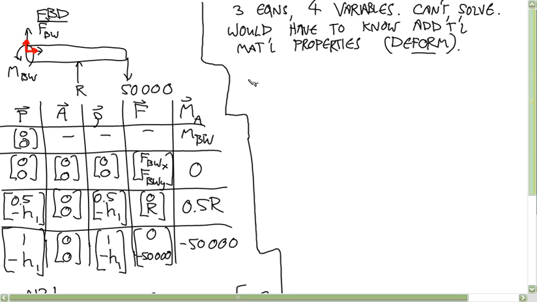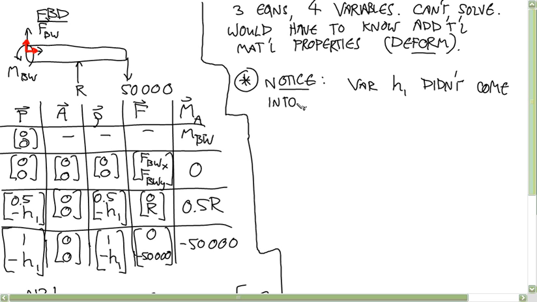All right, and now here is the thing that I was getting at with these H1s. Notice that variable H1 didn't come into the equilibrium equations.